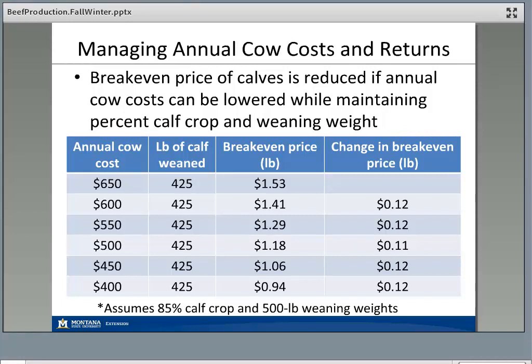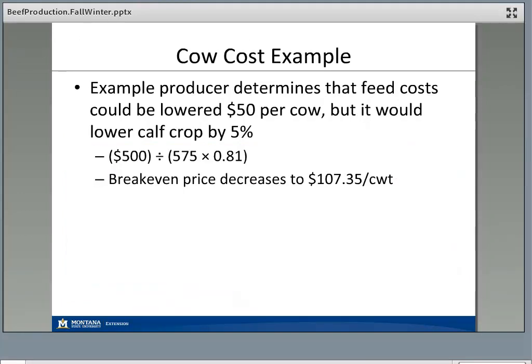We hope we can still wean 575-pound calves, and we're going to lower the calf crop from 86 to 81%. Now this seems kind of counterintuitive, right? You wouldn't think, well, I'm going to have fewer calves, but the break-even price actually decreases to $1.07. So it's important to think about those management styles, how your decisions might influence break-even, and put some pencil to paper and help you make some of those decisions.